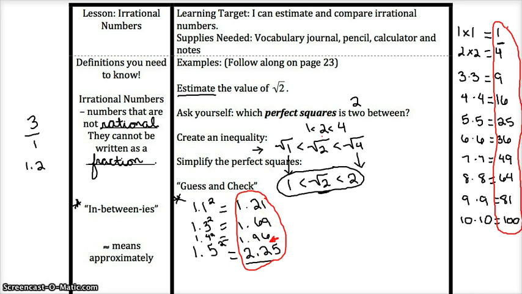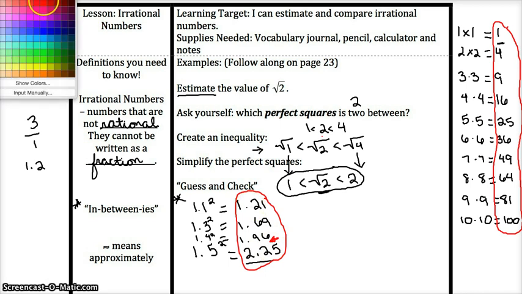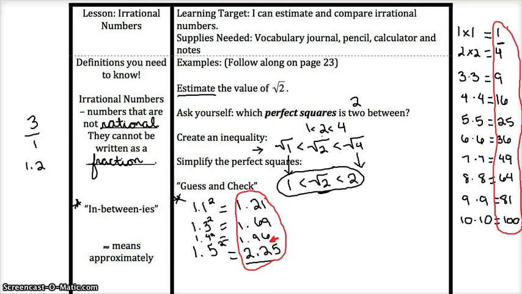So now for your final answer, you can say that the square root of 2 is going to be in between 1.4 and 1.5, because 2 is between 1.96 and 2.25.